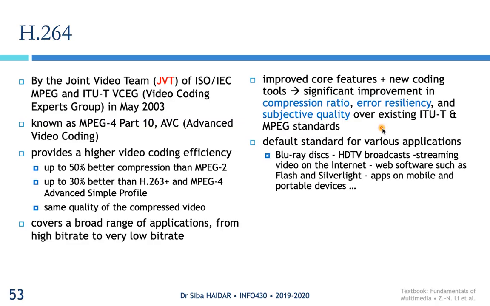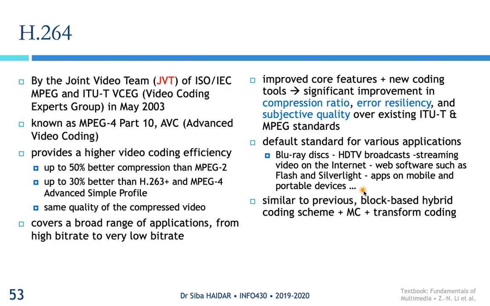The default standard for various applications is now H.264 and then H.265. That varies from the Blu-ray disc to HDTV broadcast to streaming video over the internet, to web software such as Flash and Silverlight, and up to apps on mobile and portable devices.